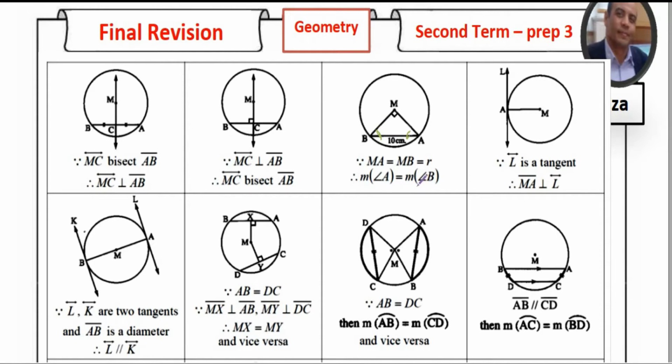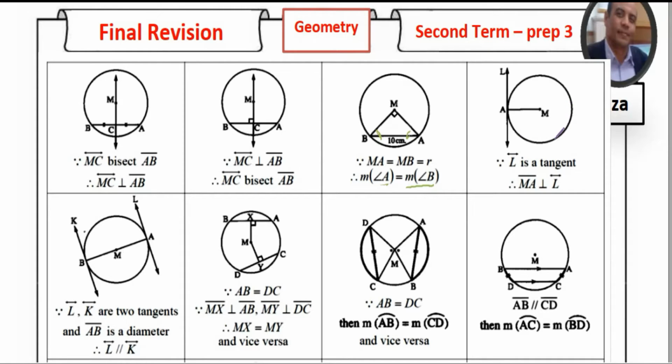Because the triangle AMB is an isosceles triangle, because MA and MB are two radii in the circle. Yes, so the two base angles of this isosceles triangle are equal in measure. So measure of the angle A equal measure of the angle B.